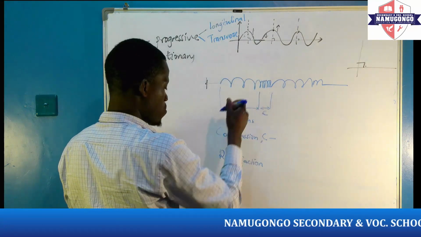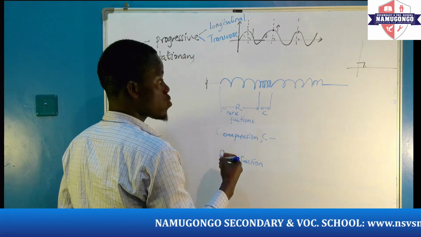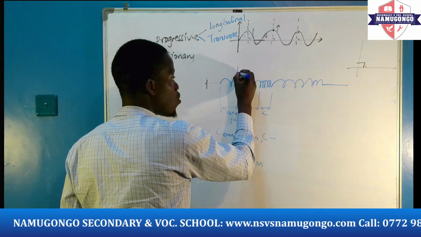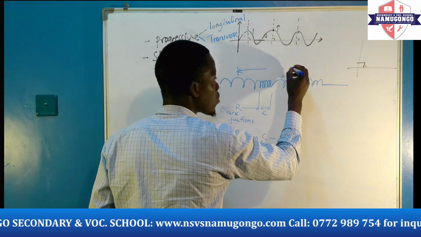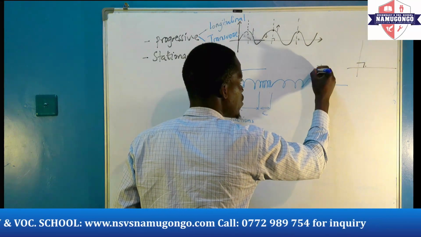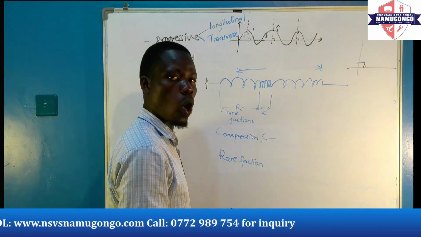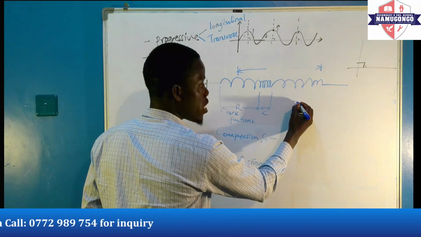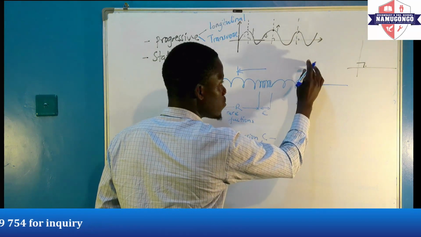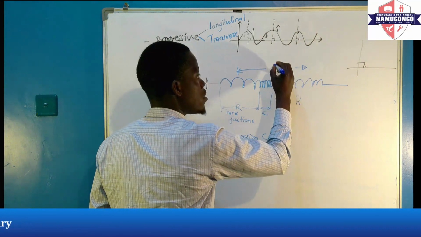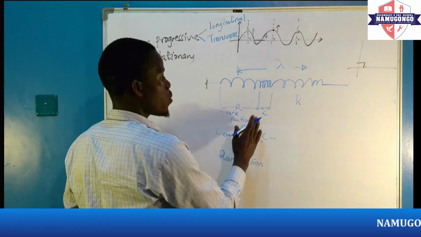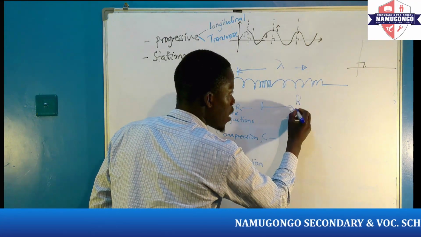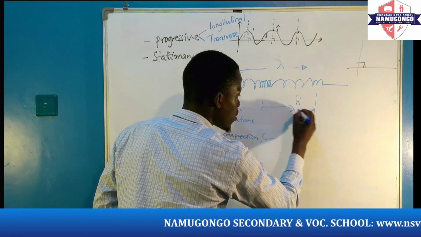Because we have different forms of waves, we can also be asked to define the wavelength. The wavelength of a longitudinal wave is the distance between two successive rarefactions or compressions. What do we mean? If this is a rarefaction and this is the next rarefaction here, then this is lambda.